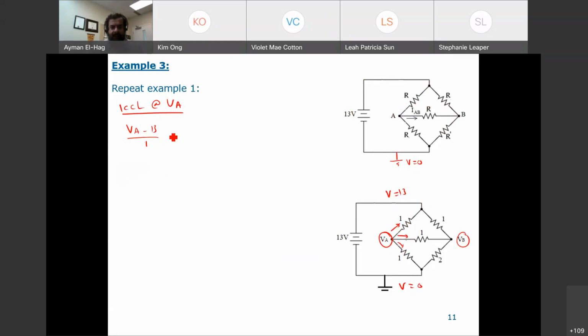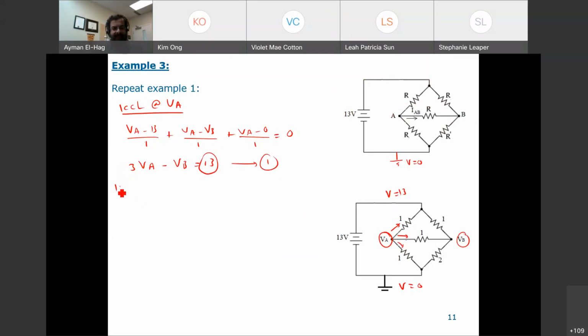Current to the right is plus VA minus VB divided by 1 also, plus VA minus 0 divided by 1, equal to 0. So from this, we have 3VA minus VB equal to 13. This is my first equation.